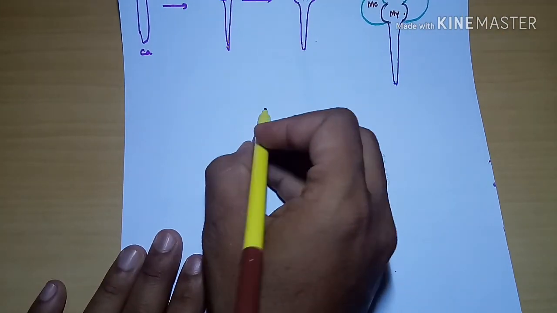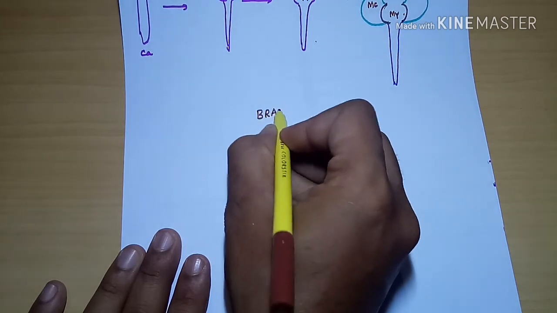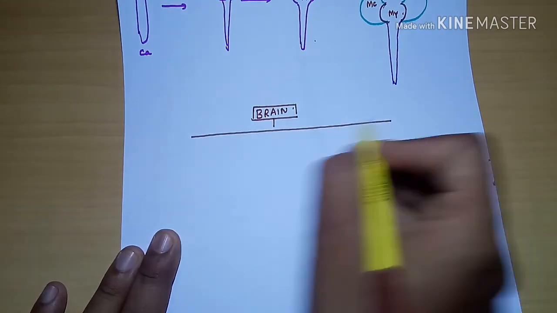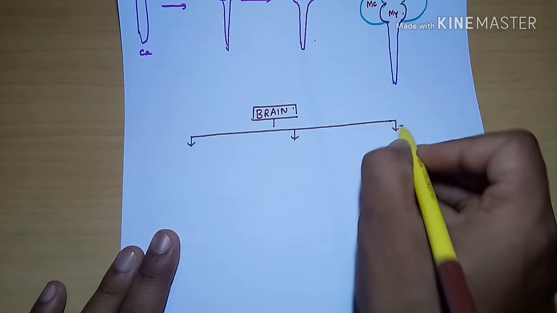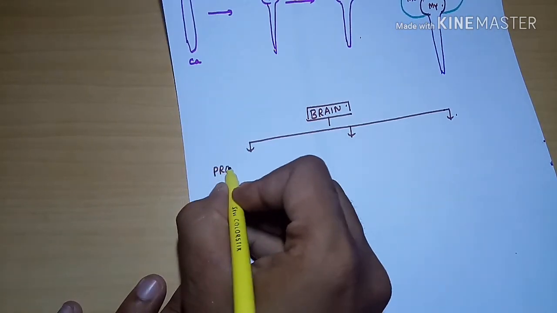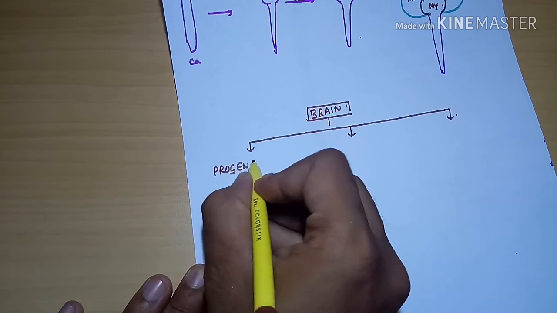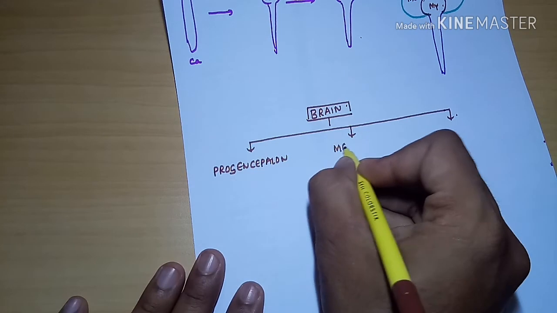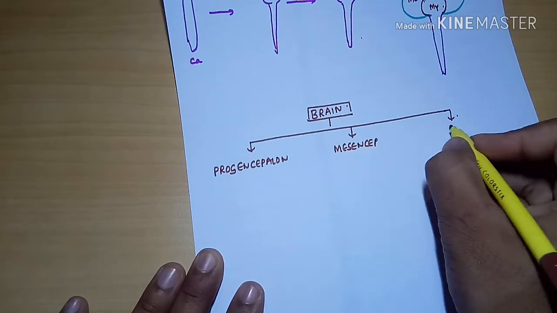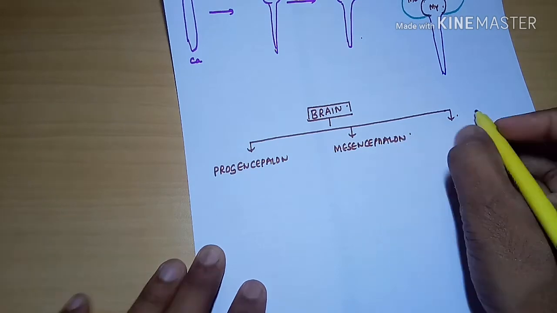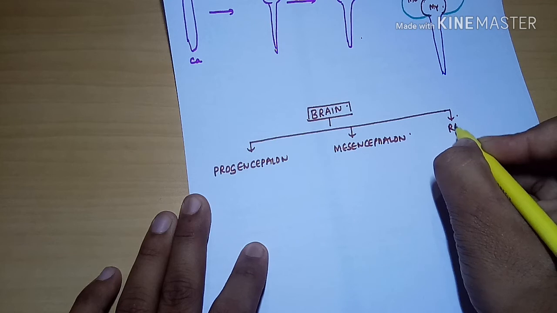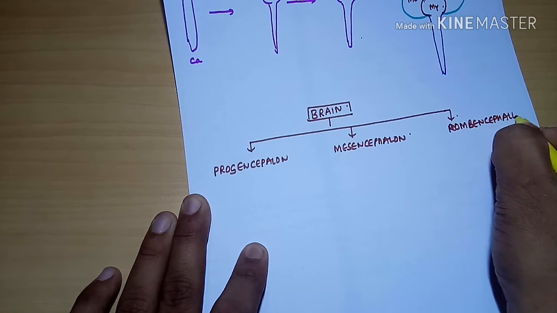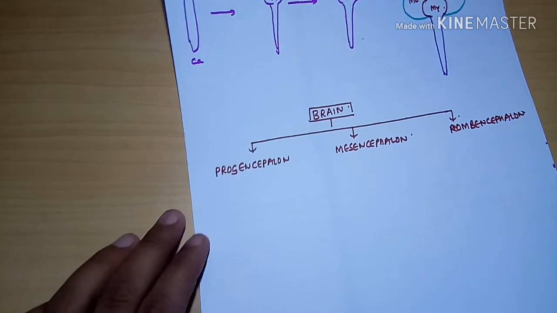So the brain at the embryological age has three parts: prosencephalon, mesencephalon, and rhombencephalon.